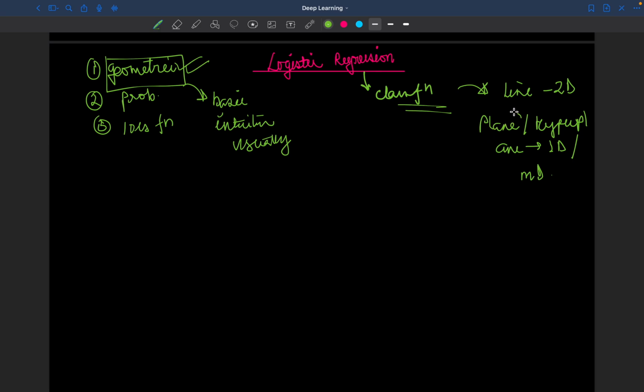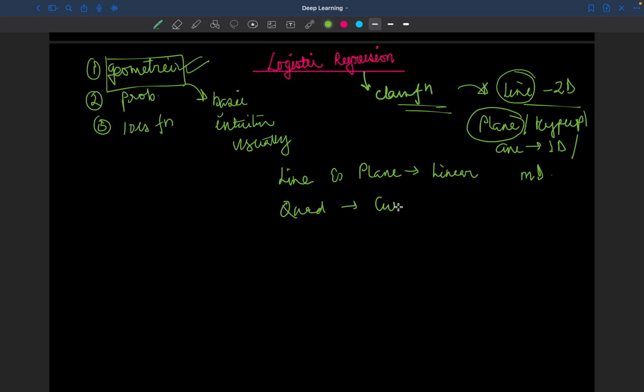In this case we will use a plane and not a line. A line and a plane are essentially linear equations, but for quadratic, we use a circle or a parabola.